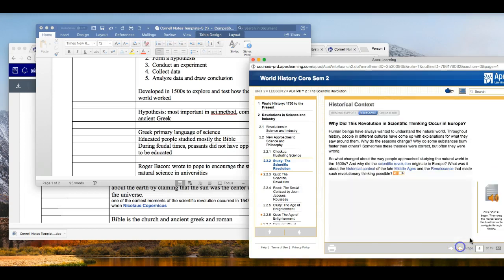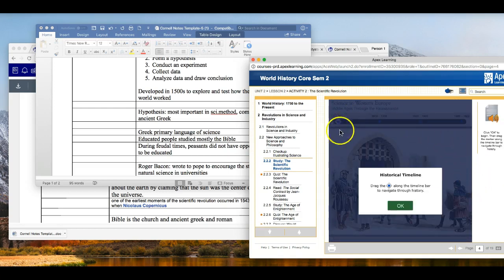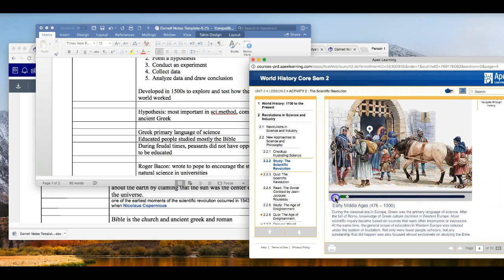So going on to the fourth page, this is setting us up. These two paragraphs right here are introductory paragraphs that are setting us up for what we're going to find in the historical timeline. So I'm clicking OK, and then I'm going to pause this so that I don't talk over it.